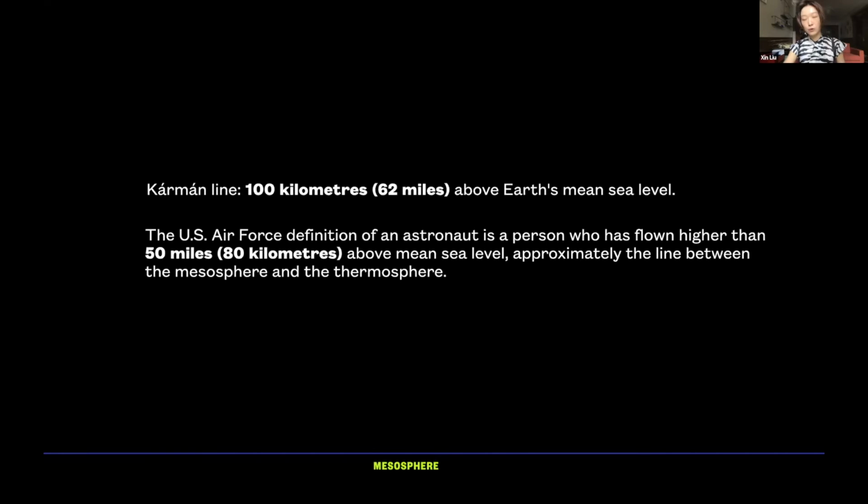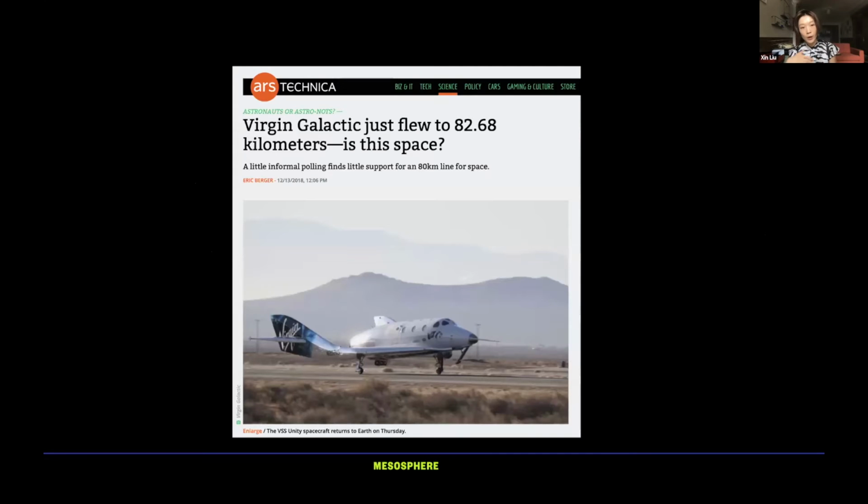Without going into too much detail, there is a good recent example: Virgin Galactic, just like Blue Origin and SpaceX, has been pouring energy into the space tourism industry, and their flight got to the 82 kilometers level, which from a certain physics perspective, and even in Jonathan's paper, is considered as a new definition of the edge of space.